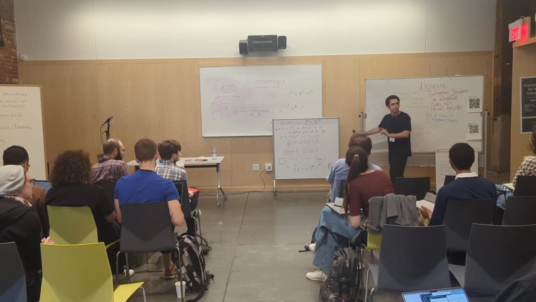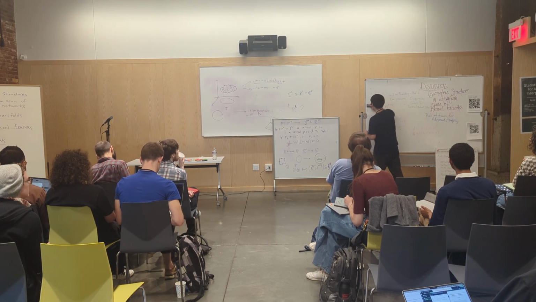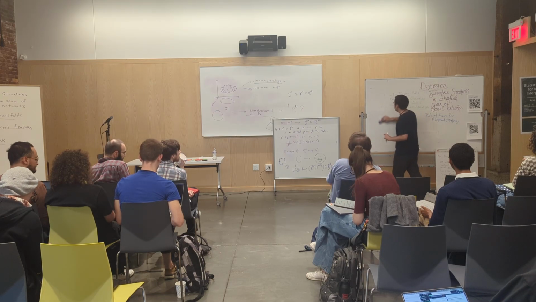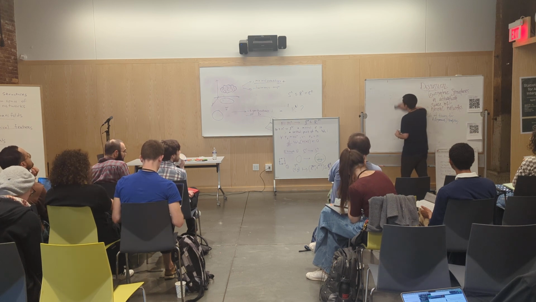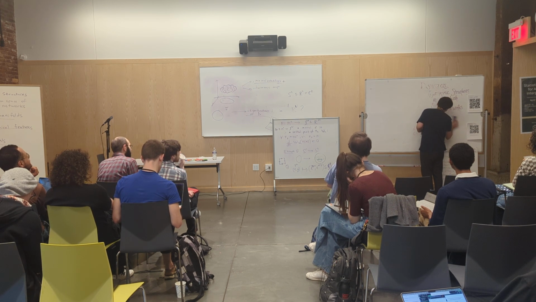I can talk a little bit more about that. So this is another example of a minimal surface. And in fact, it's a unique minimal torus in S3 up to rotation.